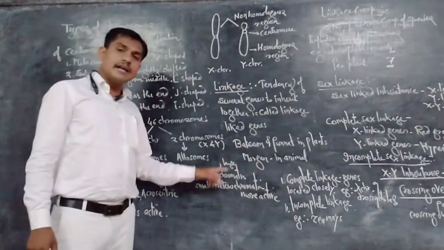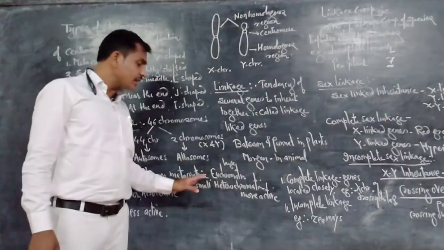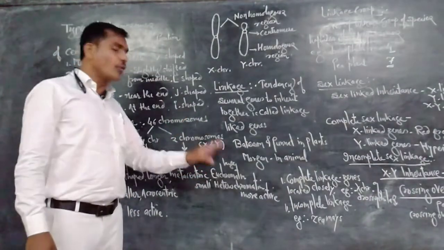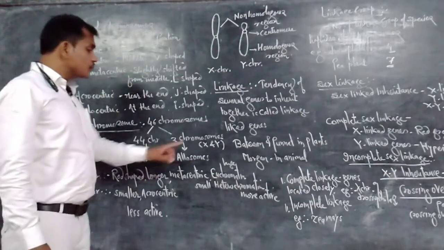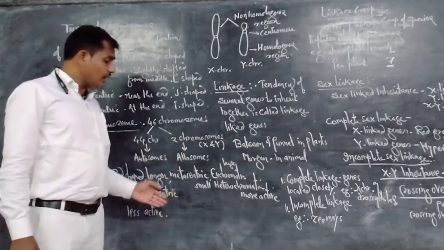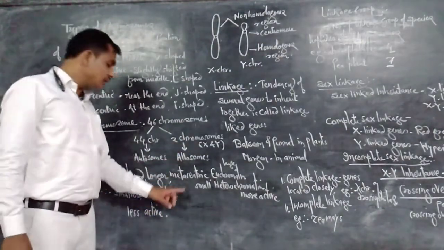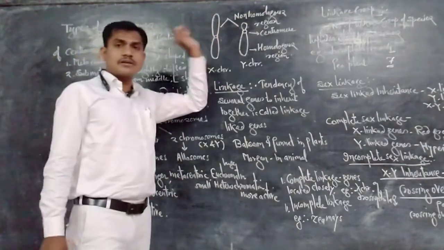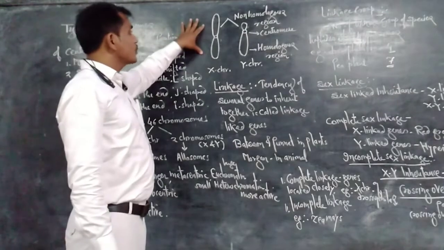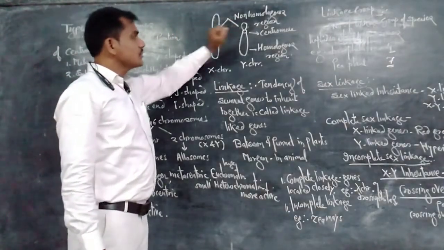Here DNA is more, so genetically the X chromosome is more active. The Y chromosome has small euchromatin and large heterochromatin, so it is genetically less active. This is the structure of the X and Y chromosomes.